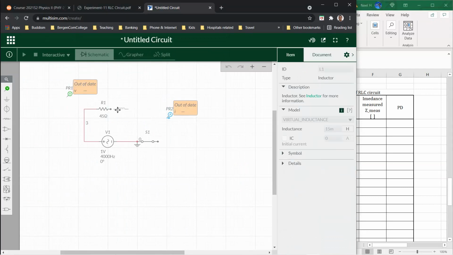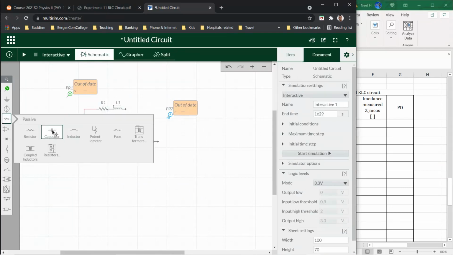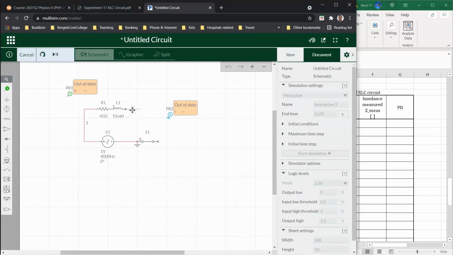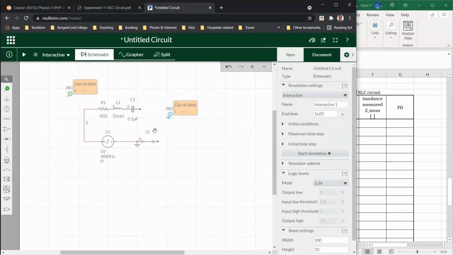I need the RLC circuit, right? We'll put a capacitor somewhere here, change the capacitor value to 0.1 micro, and then connect this side.